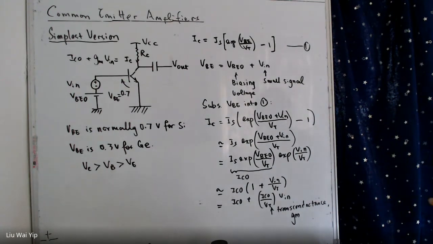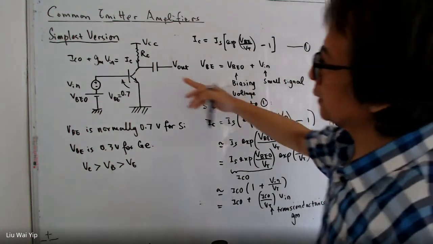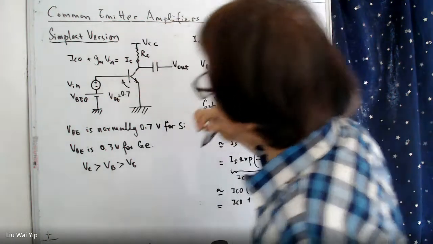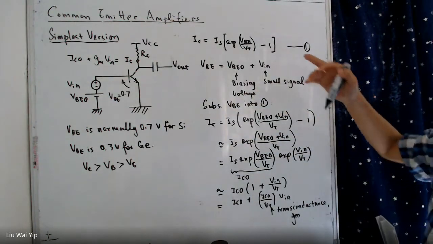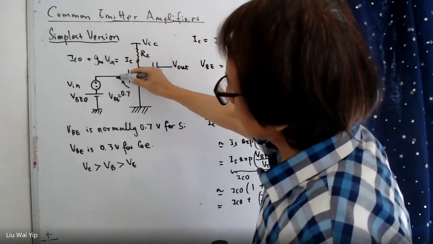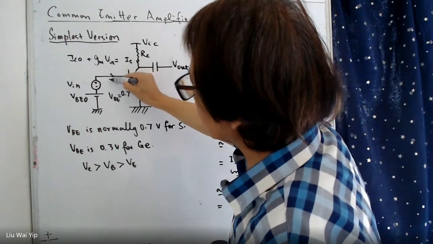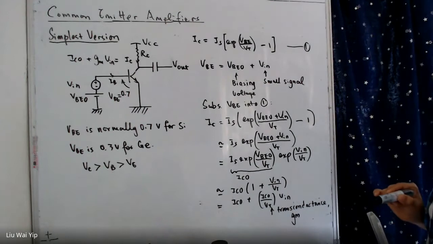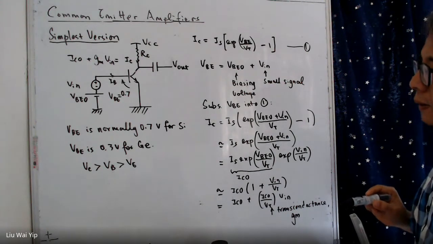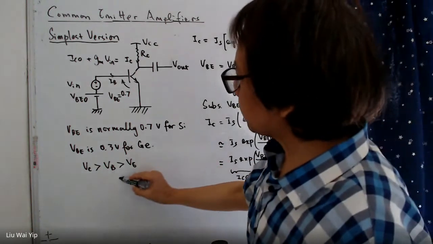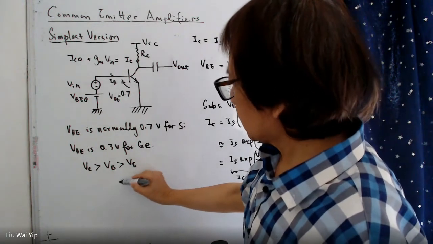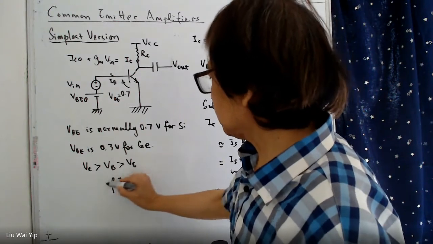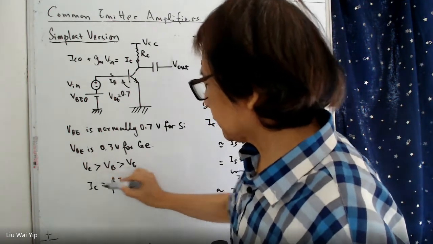So you may ask, how do we get IC naught? One way you can do it is through here. You can calculate the base current here. So IB times beta equals IC.